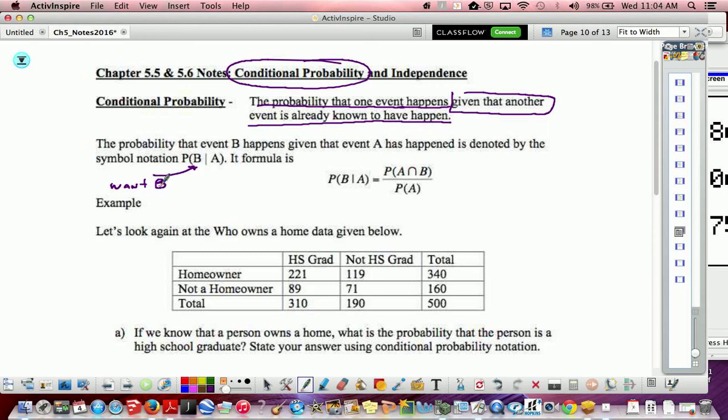So you want B, this slash represents the word given, A has occurred. Knowing the fact that A has happened.